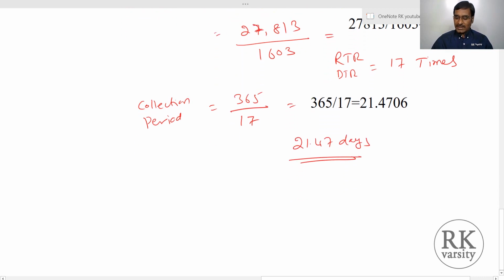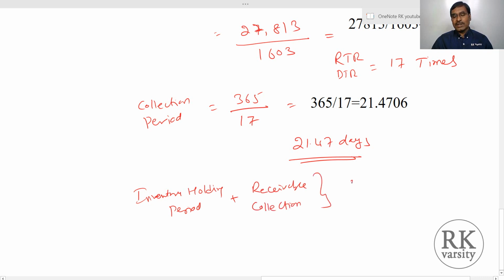Now as we have inventory holding period plus your receivables collection period, these two will give you gross operating cycle. That is, inventory holding period is 19 days plus this is 21 days. So total is 40 days. Gross operating cycle is 40 days.